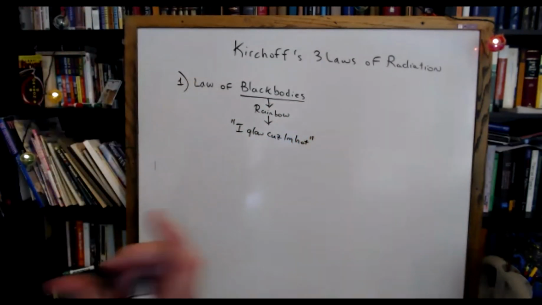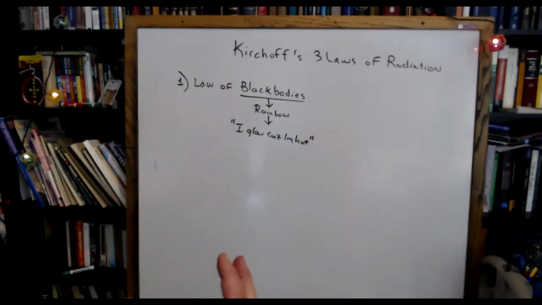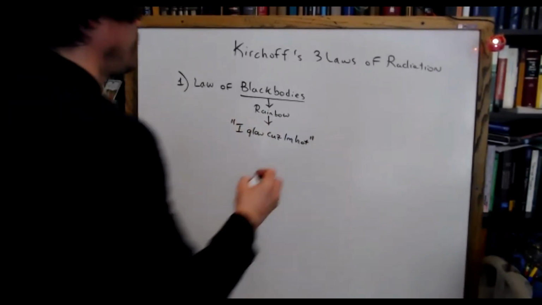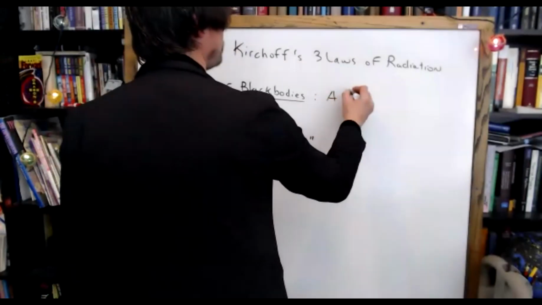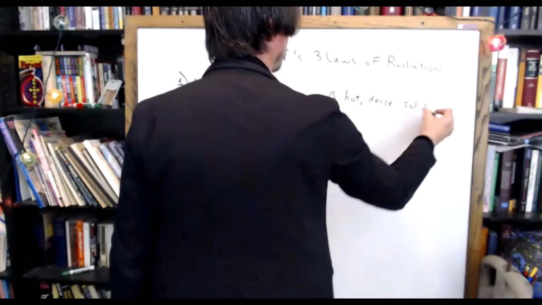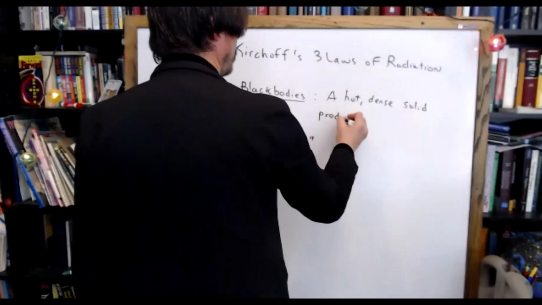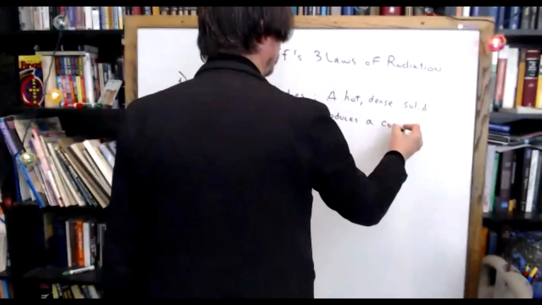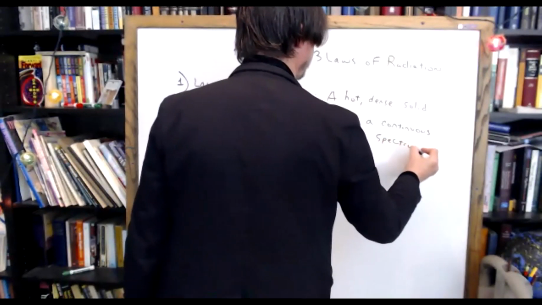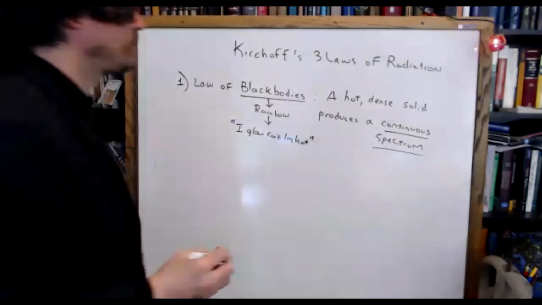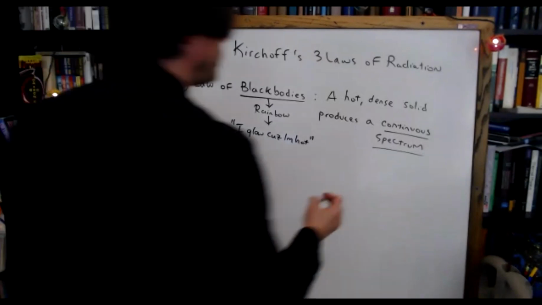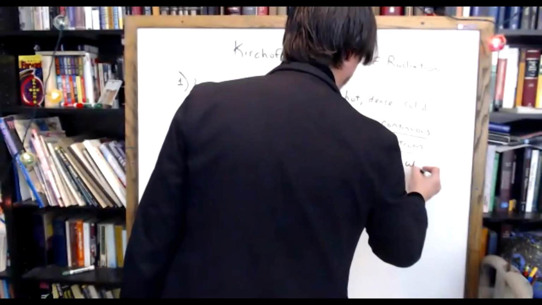Black bodies are things like filaments in light bulbs or pieces of metal in a furnace that are glowing. Coals in a fire could be considered black bodies. And the law goes like this. A hot, dense, solid produces a continuous spectrum. Whereas a continuous spectrum is code word for rainbow or white light. A continuous spectrum is usually white light.